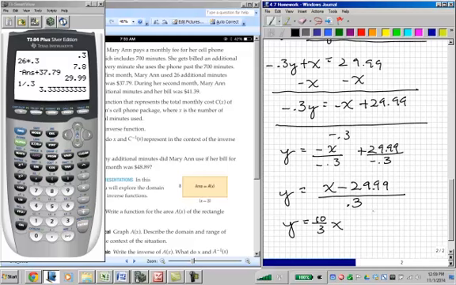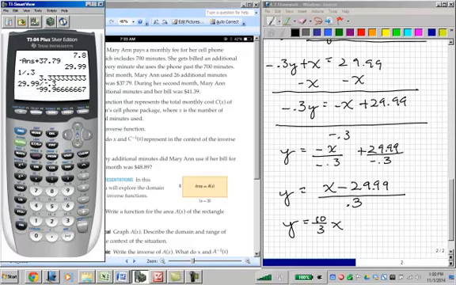And then we'll take 29.99 divided by negative 0.3. And let's see what that turns into. Well, that's interesting. Minus 99 2/3.